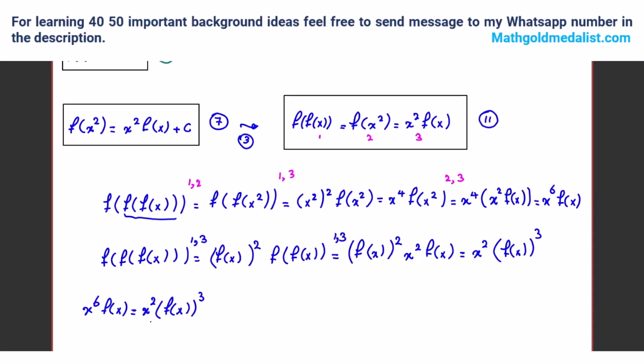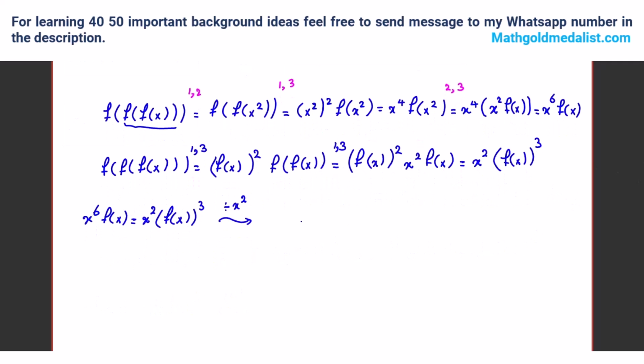Now we can do what? We can cancel x squared from both sides. Consider x is not 0, okay? Because when x is 0, we know obviously it's correct. And at the end, we will consider. Let's divide both sides by x squared. So it would be x to the 4. And let's suppose x is not 0, f of x also is not 0, okay? At the end, one case is that f of x is 0.